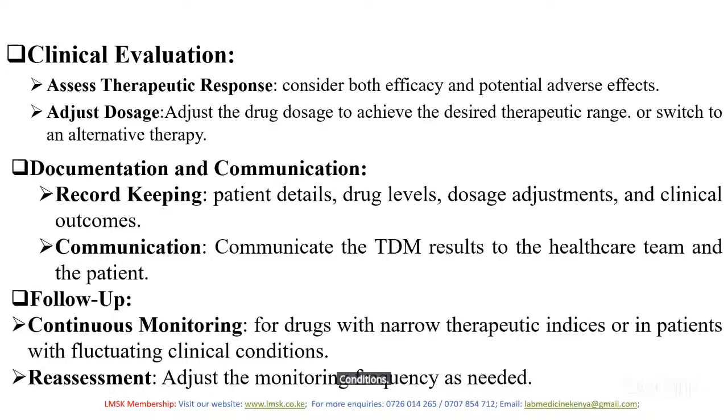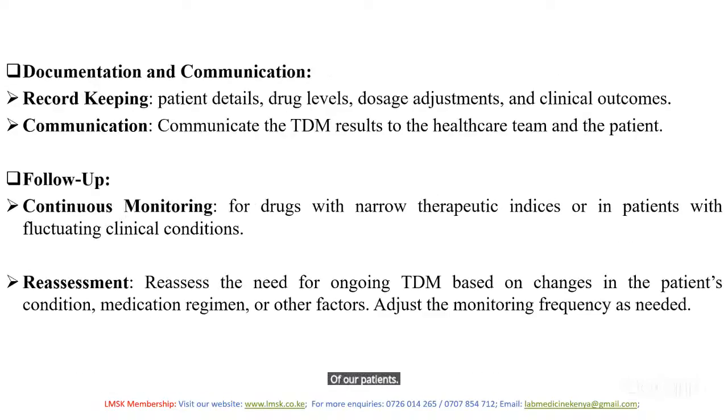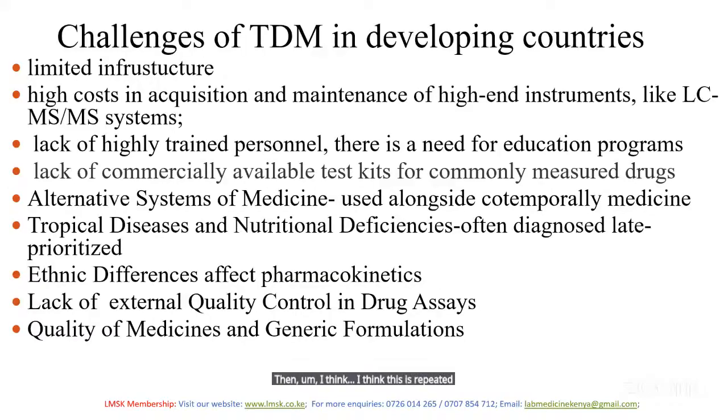Then finally, you can do reassessment. And when you reassess, you can adjust the monitoring frequency as needed. Either you increase the monitoring frequency or reduce it, depending on the condition of our patients.